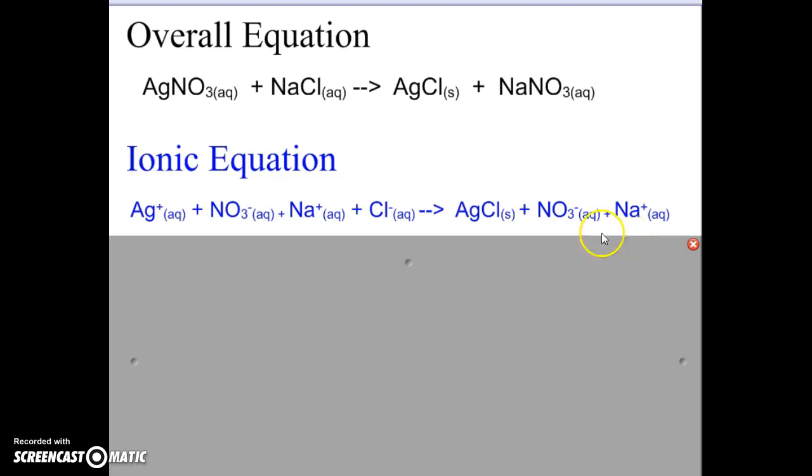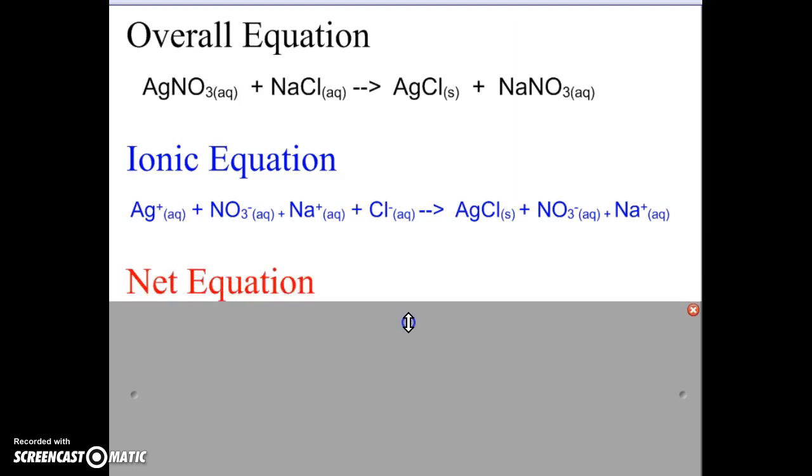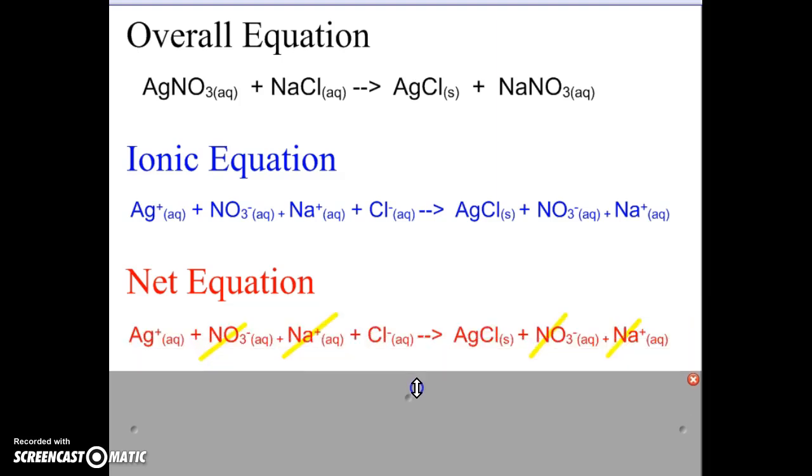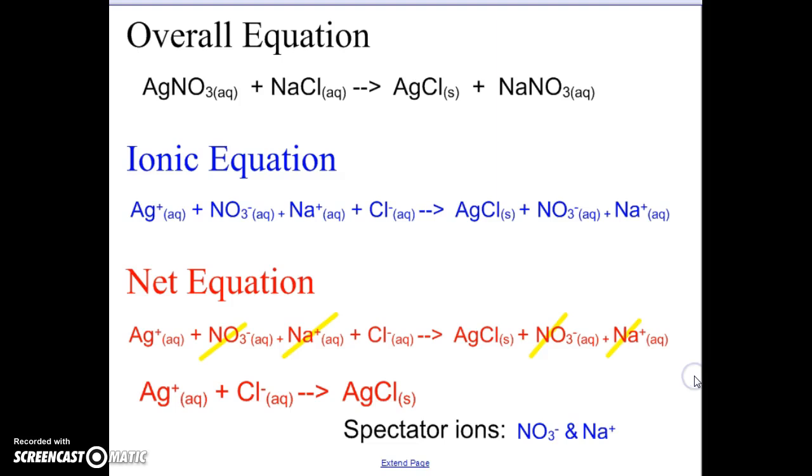So when we take this ionic equation and move to trying to find the net equation, what we're going to do is eliminate those ions that are common as ions to both sides. And when we eliminate those, we're left with the net equation. Silver ions plus chloride ions yield silver chloride.